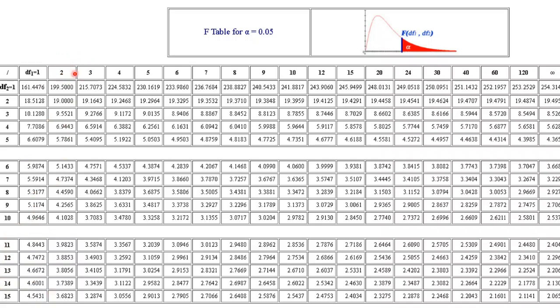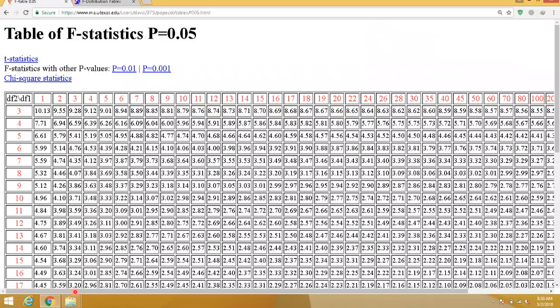Now, the value which is coming at the intersection of these two degrees of freedom is 3.68. More focused in, more clear in this table. This is df1 and 15 is df2. These two intersect over here, and this 3.68 is the critical value.